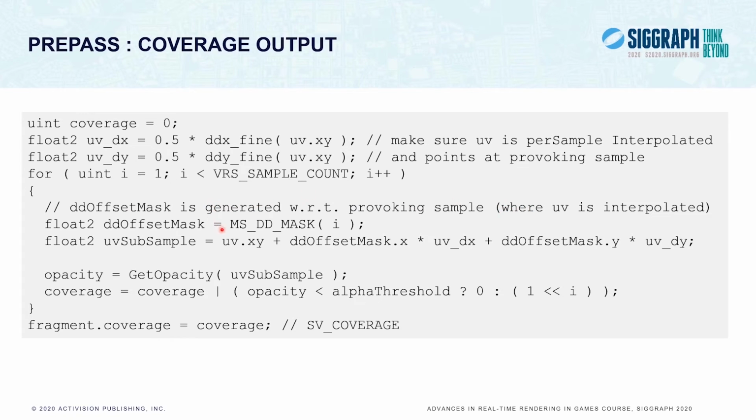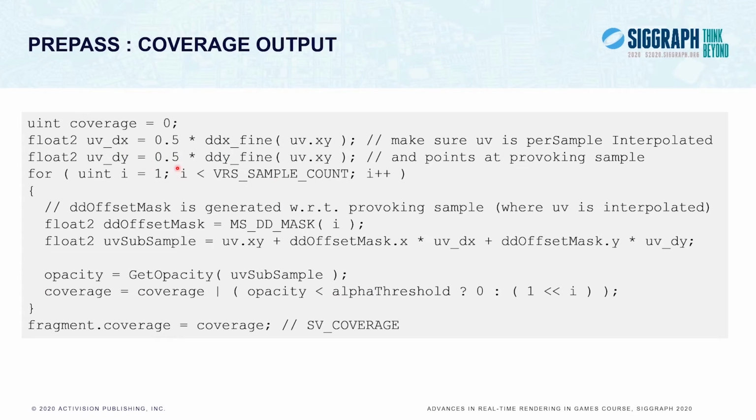This mask needs to provide data on how to offset the UVs to generate each of the subsamples. In the most general case, when the provoking pixel is the top left one, your DD offset mask for the first sample would be top right, then bottom left, and bottom right. We calculate our subsample UVs, we sample our opacity or any other map used for alpha testing, we do thresholding, and then we are left with our coverage mask.